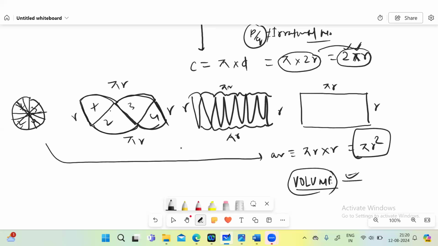Then we will have a class on area and volume of complex structures, which are made by the use of two or three types of figures, or when a figure can be divided into multiple simpler figures. So this is all for today's lecture.